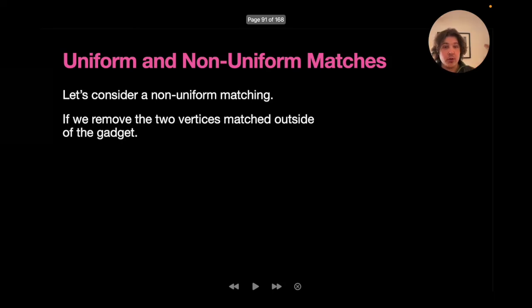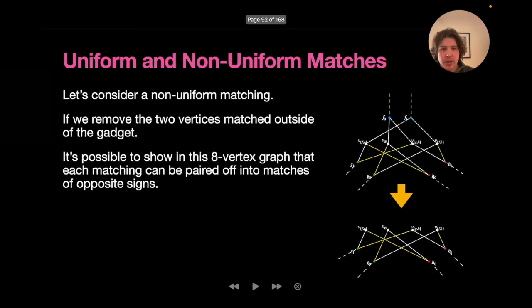So let's consider non-uniform perfect matchings first. Let's suppose we have a non-uniform perfect matching, and we remove two vertices matched outside of the gadget. Remember, a non-uniform perfect matching is going to have two vertices that are matched outside the gadget. You can see the example up here. Let's suppose you actually remove those two vertices that are matched outside of the gadget, because they're matched and we want to consider the matchings on the rest of it.